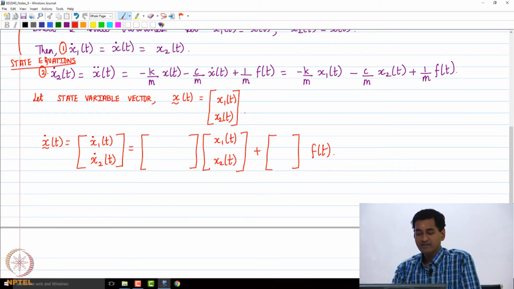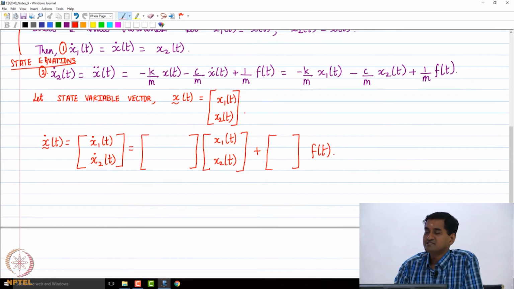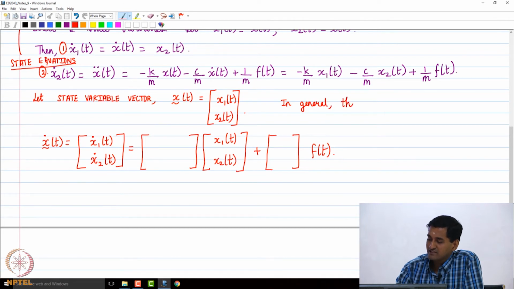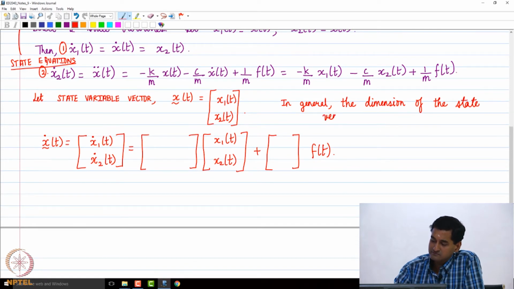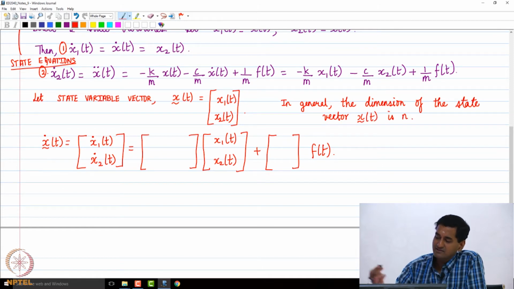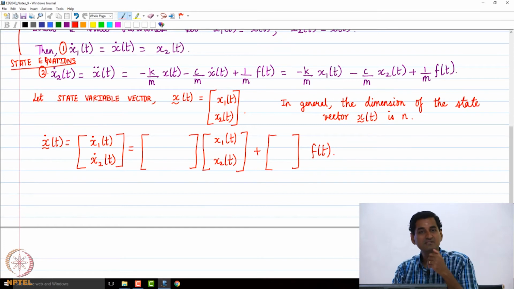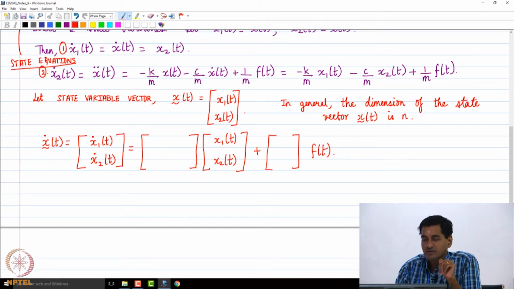What I have done is that I have collected the n state variables as an nth order state vector. In general, the dimension of the state vector x of t is n, because you just arrange the n state variables. In this case it is 2, we have 2 state variables.